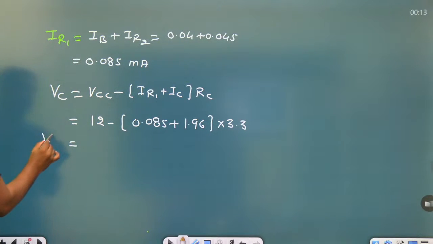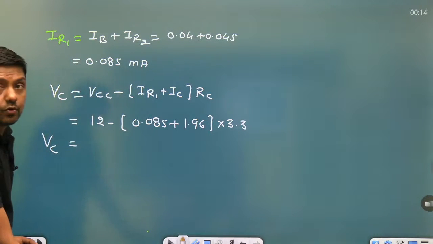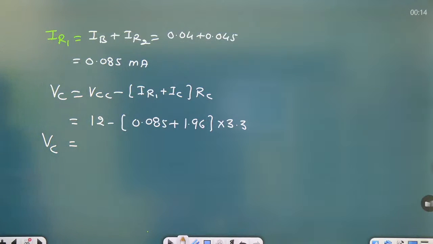Give the value of the VC, everyone. This will give you the value of the VC. Now, 5.25.